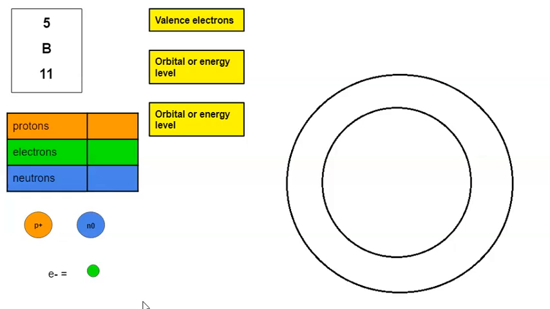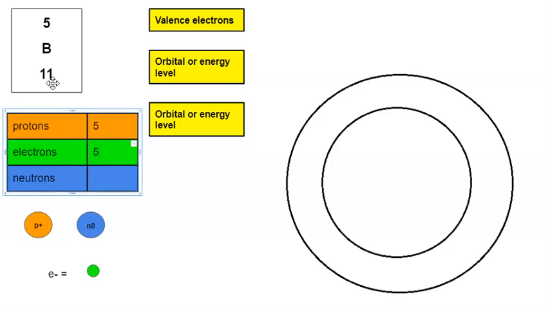So you may recognize this. Here's an atom of boron, and when we go through it, we know that the atomic number, the smallest number in the box, tells us that there are 5 protons. We also know that since this atom's from the periodic table, it's neutral, so if there are 5 positive charges in the protons, there also have to be 5 negative charges from the electrons.